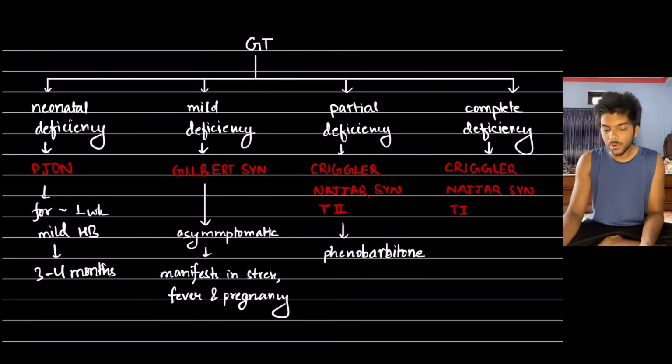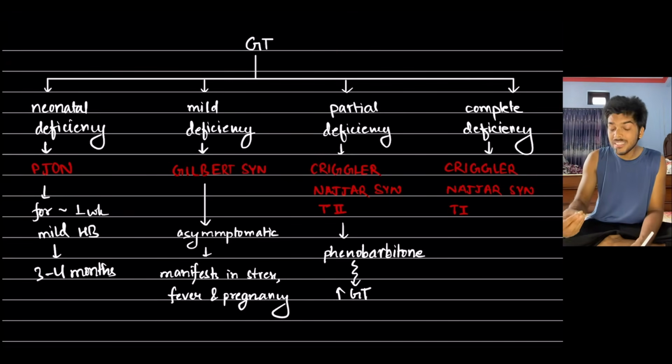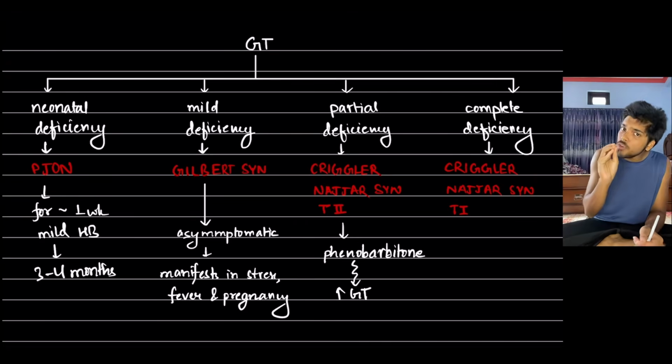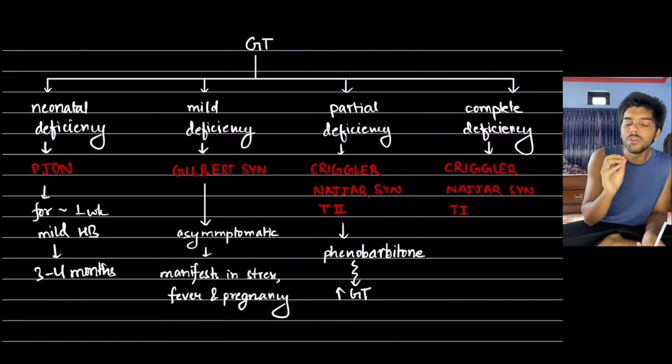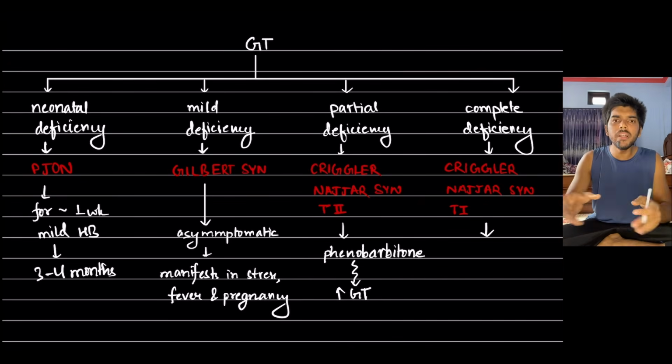What phenobarbital does is that it forcefully increases the production of GT. It forcefully triggers that gene to produce more glucuronosyl transferase. As for type 1, there is complete deficiency.